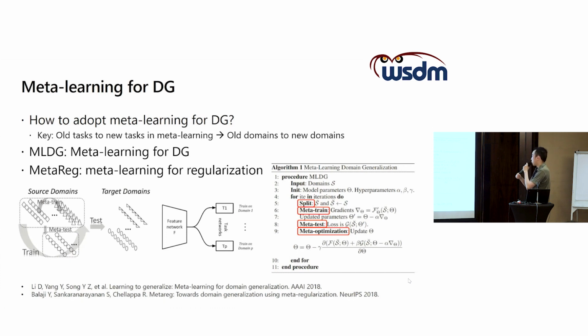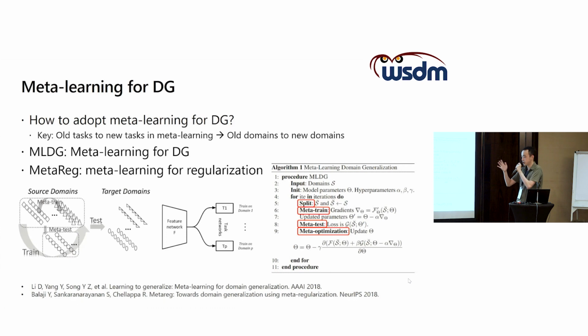Therefore, we want to simulate this kind of domain gap. In the first paper which applied meta-learning to domain generalization, the idea is very simple. Suppose we have multiple domains available during the training.